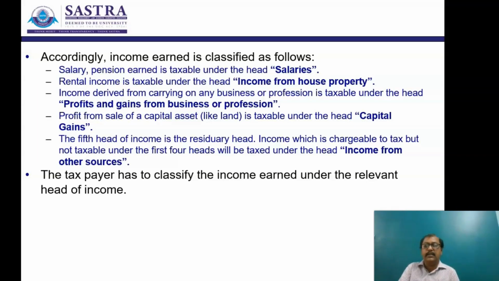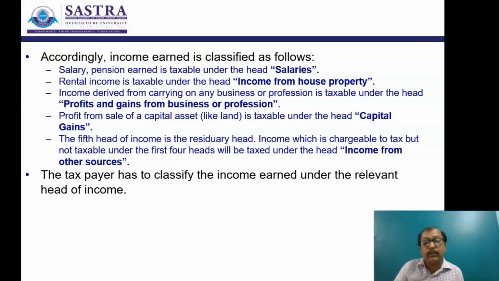Multiple sources could be there, but at least from one source he will definitely have an income. Such income, under any one of these heads, will have to be computed, classified, and considered for payment of income tax.